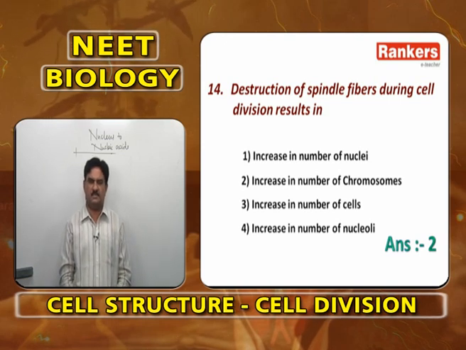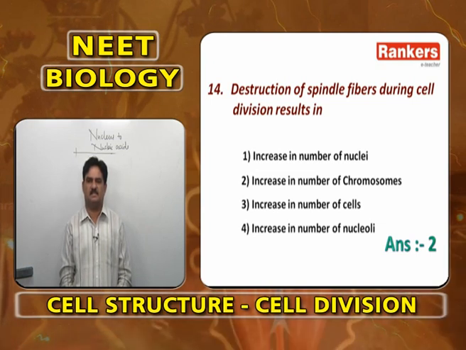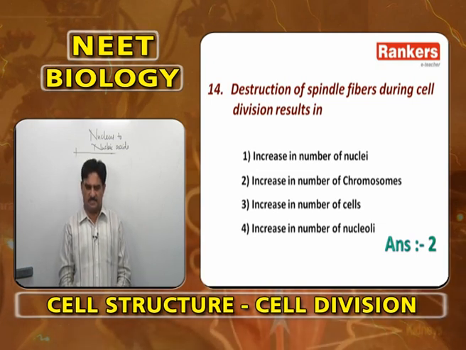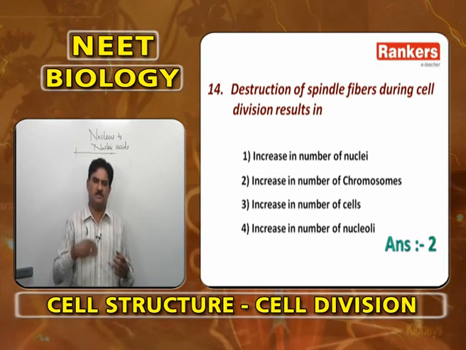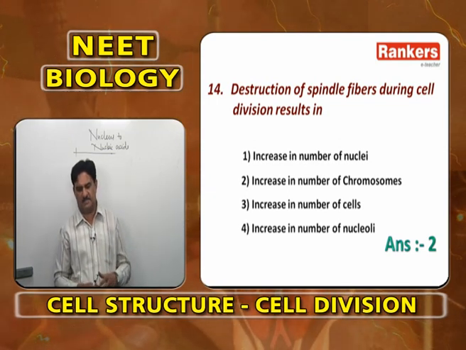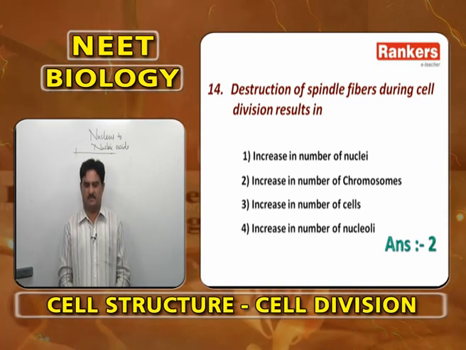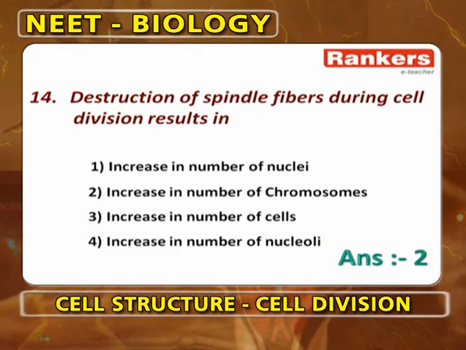Whenever colchicine is used, it does not help in the formation of spindle fibers or it causes destruction of spindle fibers. Chromosomes do not get separated and the chromosomal number doubles and polyploids are formed. So destruction of spindle fibers during cell division results in increase in the number of chromosomes. Second answer.